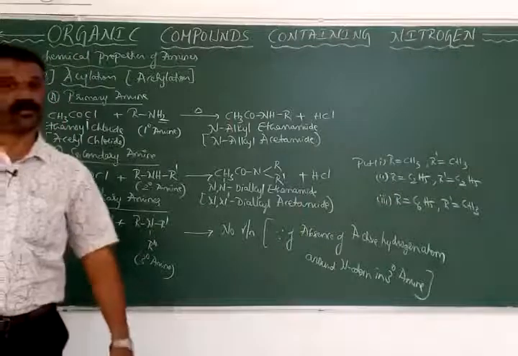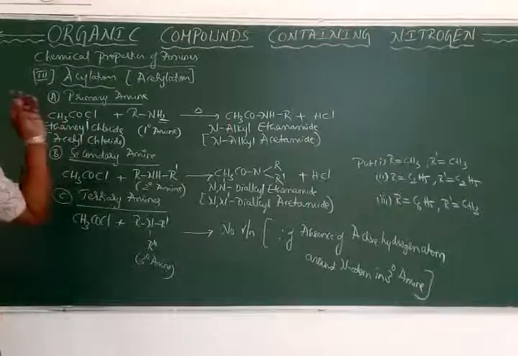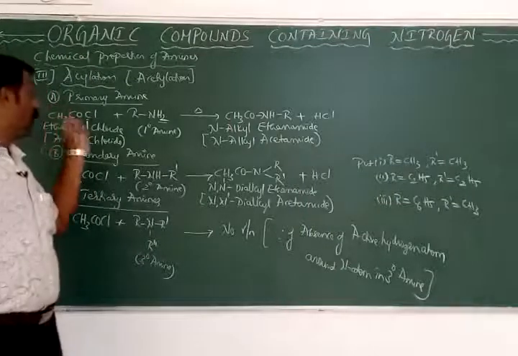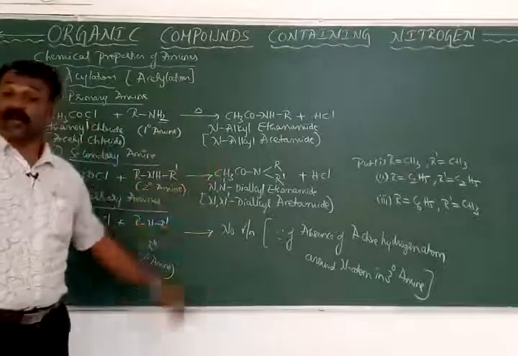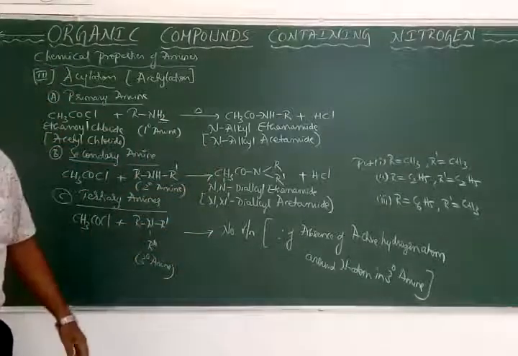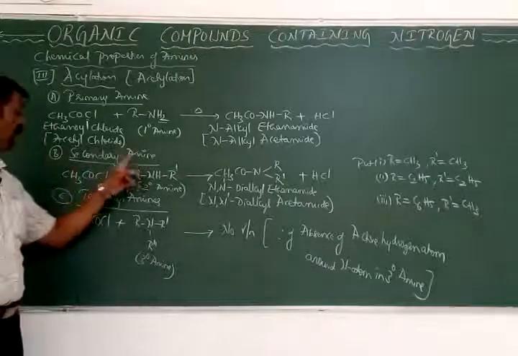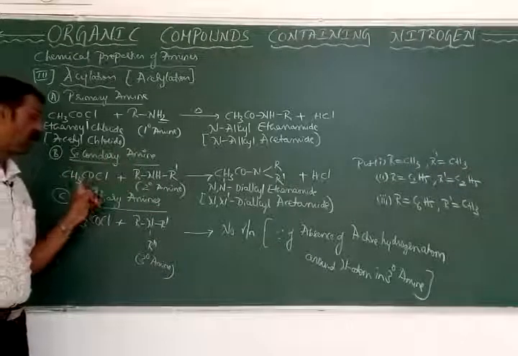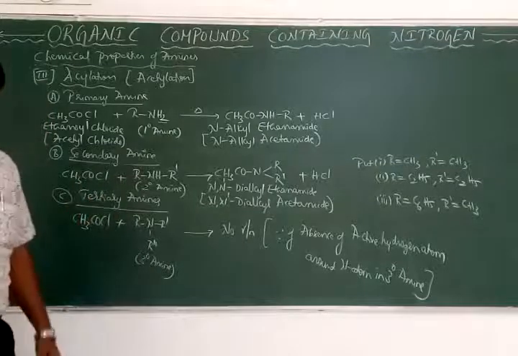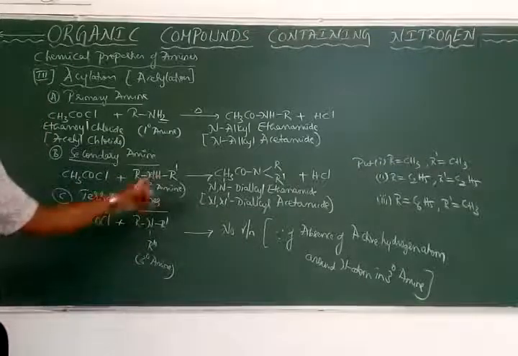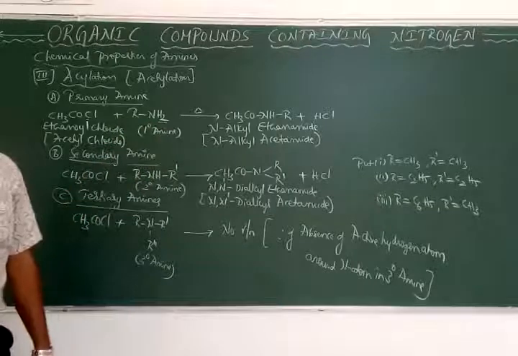Acylation or acetylation. Means which one? Primary amines reacted with acetyl chloride or undergo acetylation or acylation to form N-alkyl ethanamide or N-alkyl acetamide. Secondary amines reacted with acetyl chloride to form N,N-dialkyl ethanamide or N,N-dialkyl acetamide.